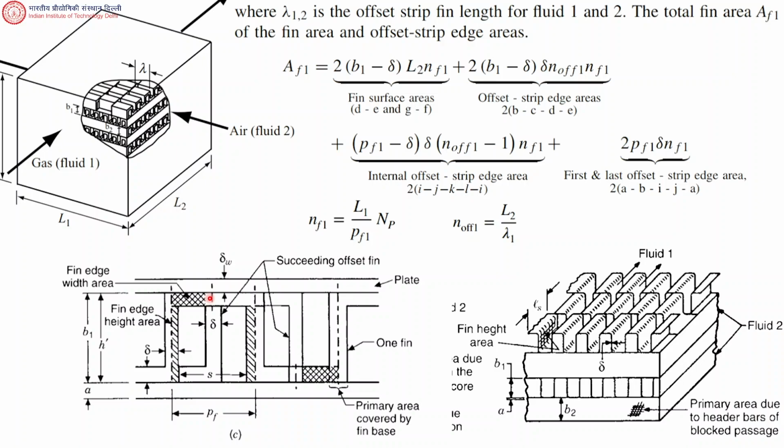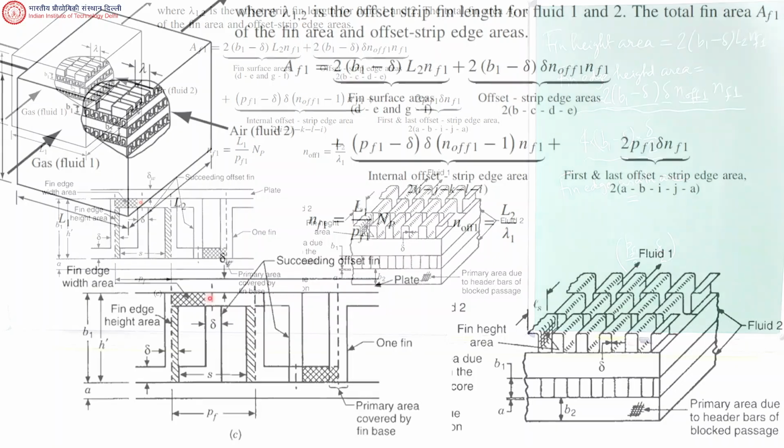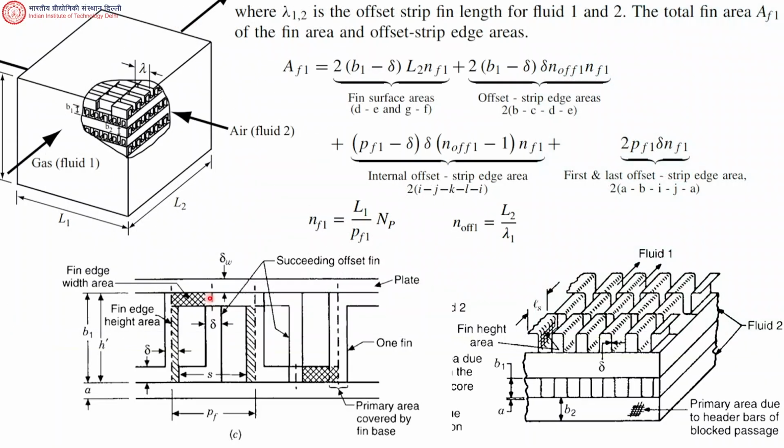So PF1 by 2 minus delta by 2 is the length dimension, and the height is delta, from here to here.